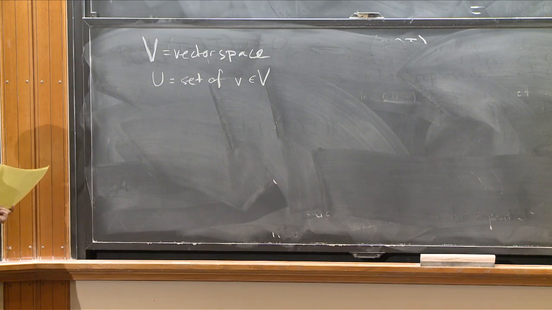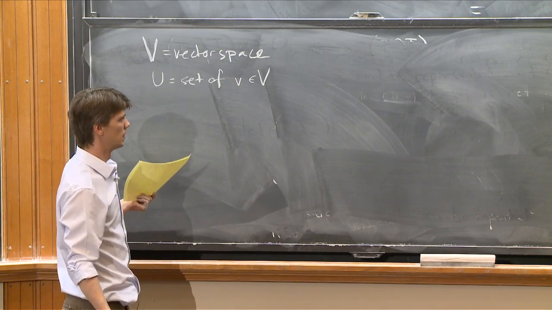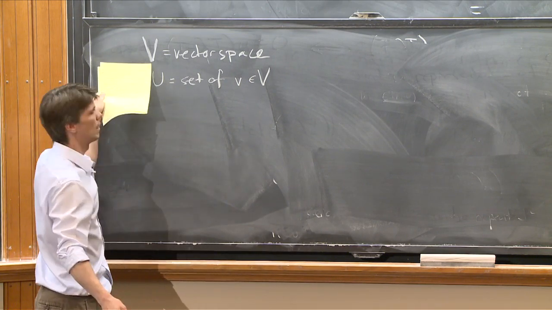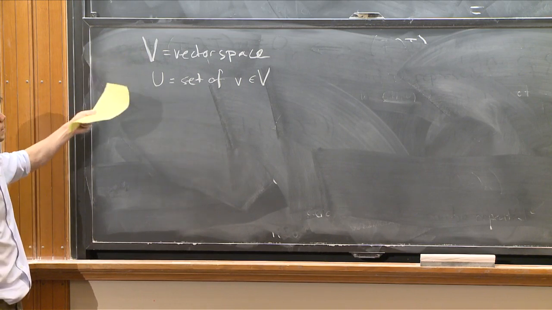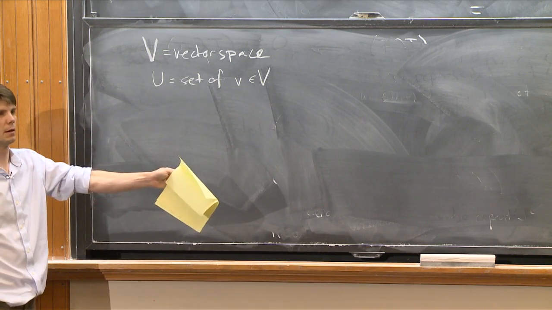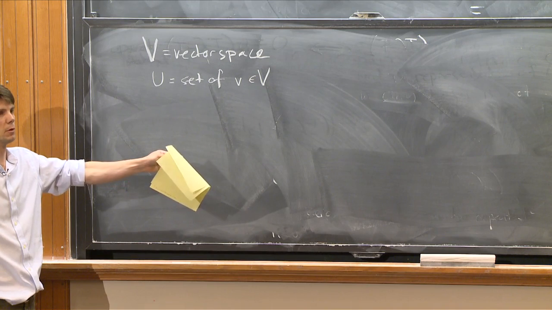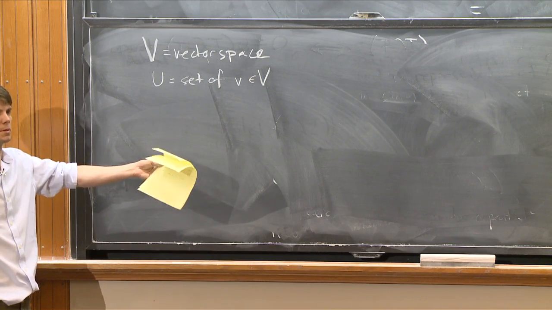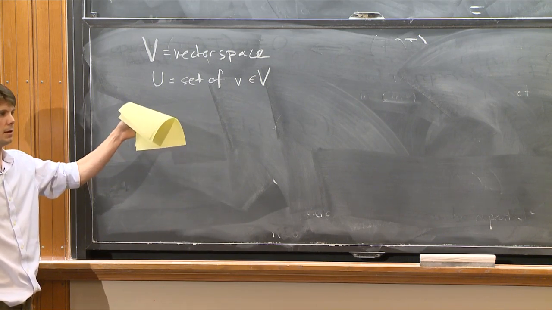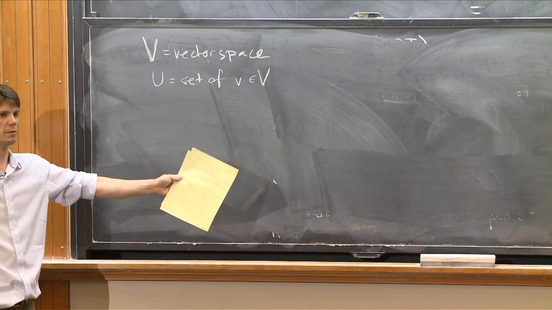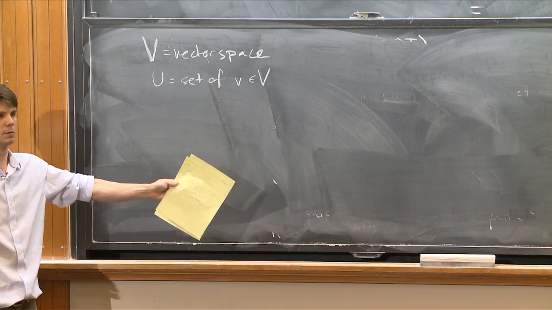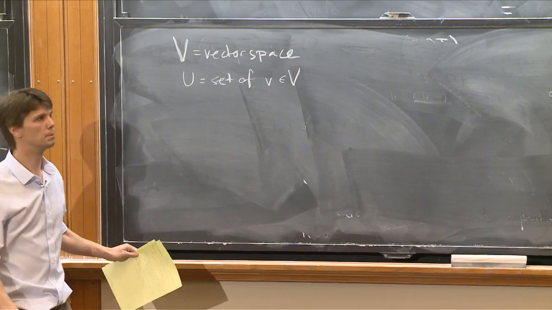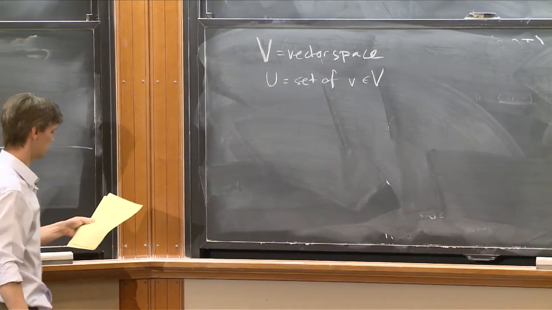For example, if V is Rn, I could just choose vectors pointing along two directions, and that will give me my set. But that's not a subspace, because it doesn't contain some multiple of this vector plus some multiple of that vector, which will be pointing over here. So this is just a set so far.